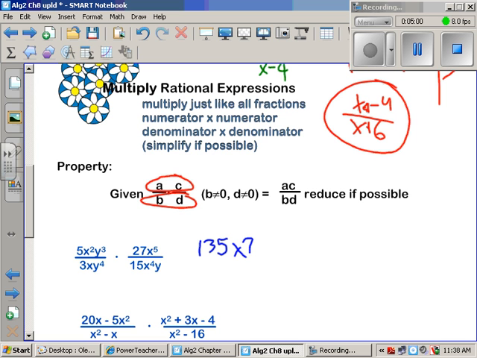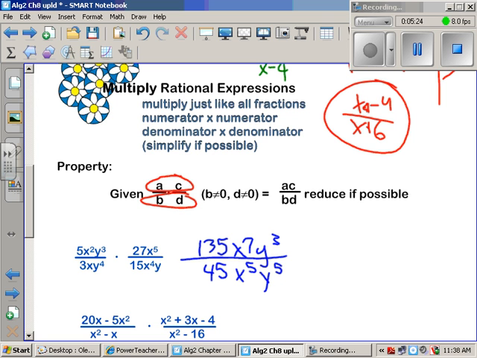Good. And then y cubed, and there's no y's here, so I just leave it y cubed. And then 3 times 15 is 45. X times x to the fourth is there. And y to the fourth times y, y to the fifth. Okay, and then we just simplify.